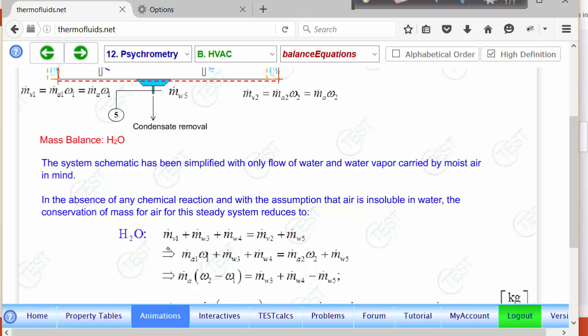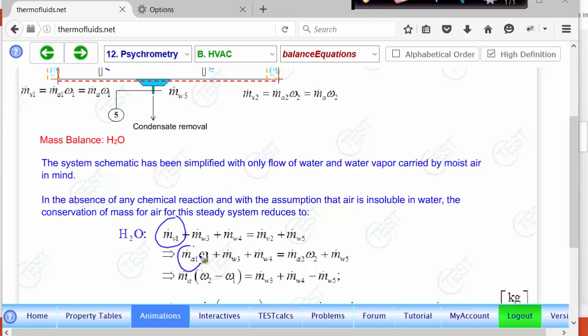So if moist air is entering, say your house, at so many kg per second of dry air mass flow rate, then you multiply by the omega and you know how much vapor is entering.